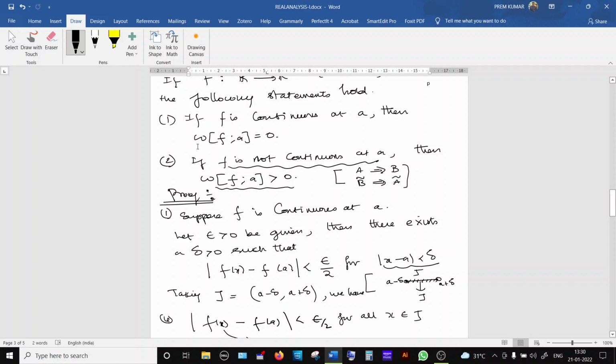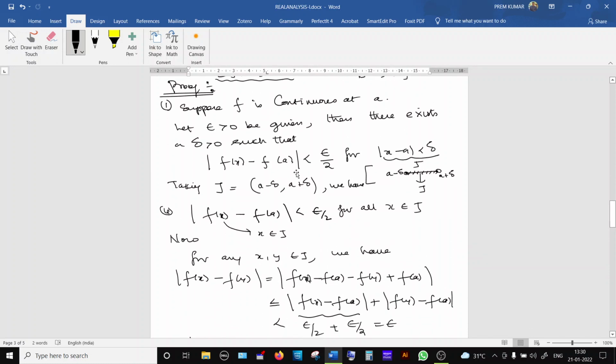So this condition, the oscillation of the function at the point A, is a necessary as well as sufficient condition for a function to be continuous. Why it's necessary: if this condition is not satisfied, then f is not continuous. Why it is sufficient: if this condition is satisfied, that is enough to show that the function is continuous at that point A.